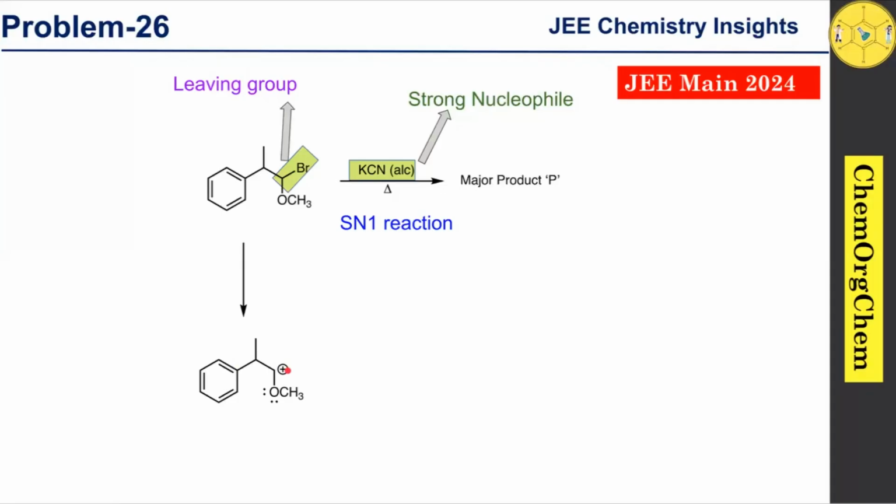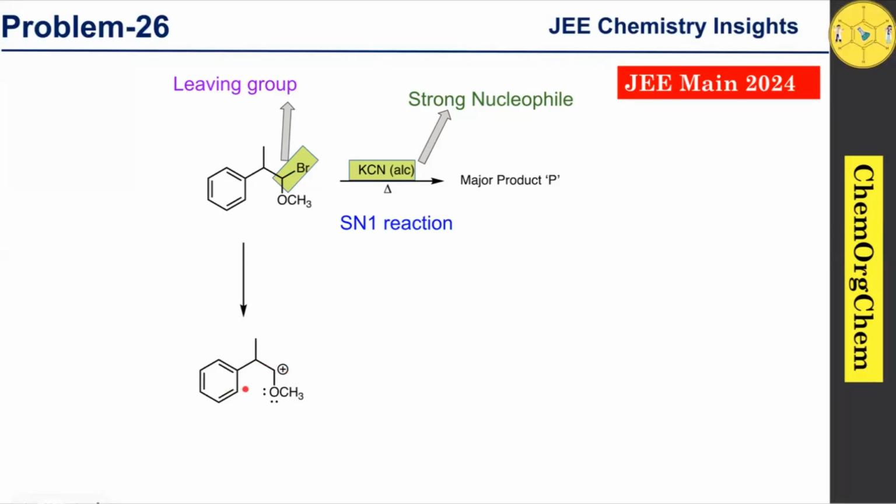On the other hand, one methoxy group is directly attached to this carbocation. Oxygen has a lone pair of electrons that can effectively overlap with the empty p orbital and stabilize it strongly. So this carbocation at this carbon is quite stable without any rearrangement.